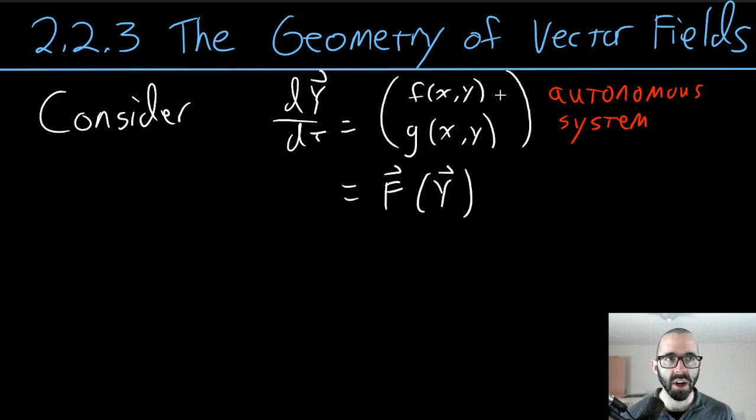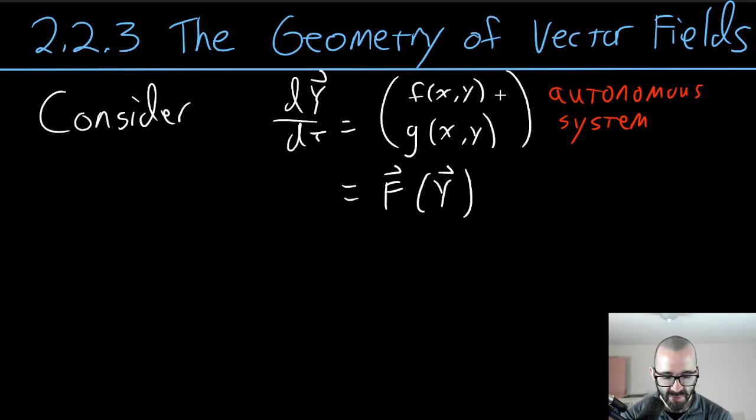In chapter 4, we'll talk about systems that are not autonomous, but here let's just worry about autonomous systems. It's going to make plotting these things and doing some qualitative analysis a lot easier, but we'll eventually have to get into it in chapter 4 because, surprise, surprise, a lot of real life models are not autonomous.